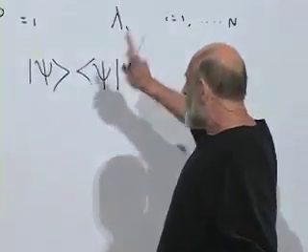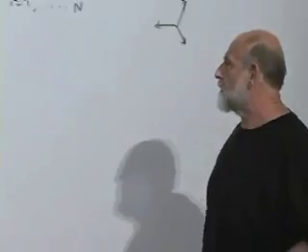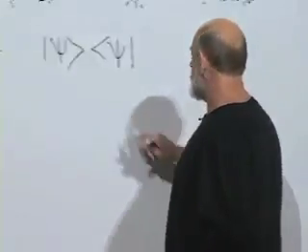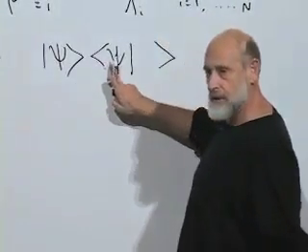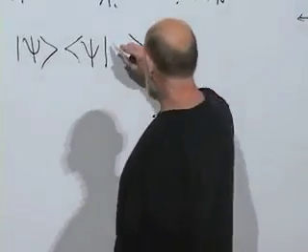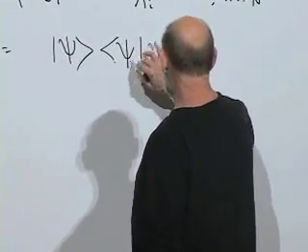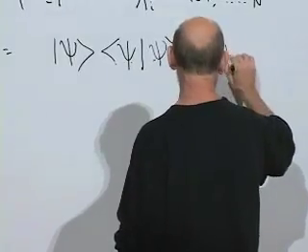Okay. Now, let's just point out one thing. Take this operator. It obviously has a single eigenvector with eigenvalue 1. What is the eigenvector of this matrix with eigenvalue 1? It's just psi, the same vector. Let's assume that psi is normalized. If I apply this to psi, it just gives me back psi.